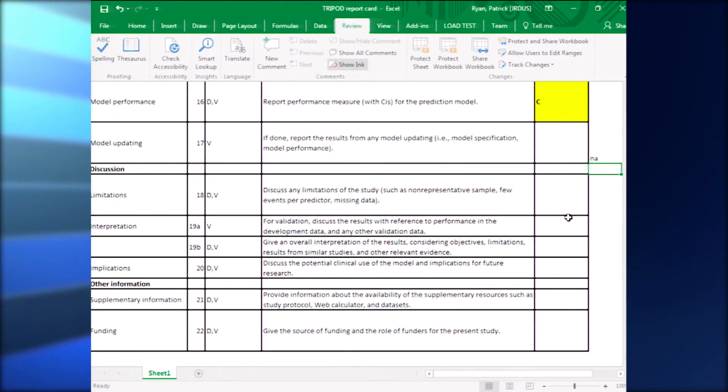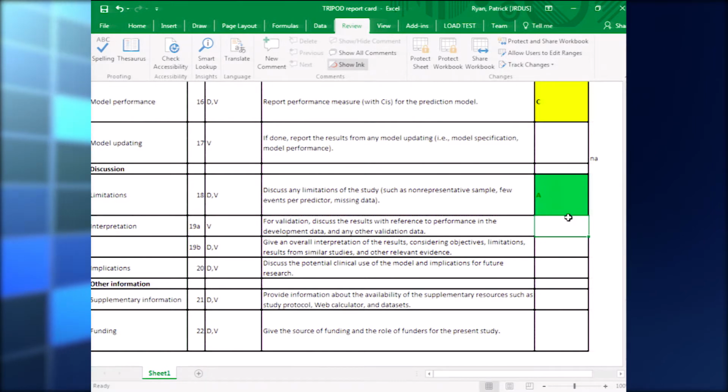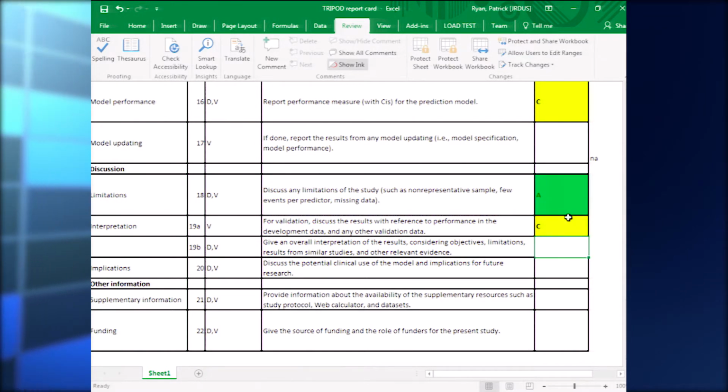Limitations. They talk about limitations of the model, number 18. Okay. Give them an A. 19A, interpretation. 19B, give an overall interpretation of the results.